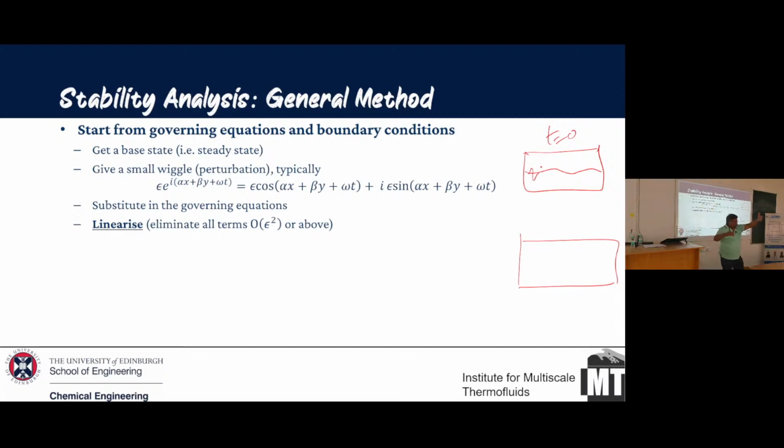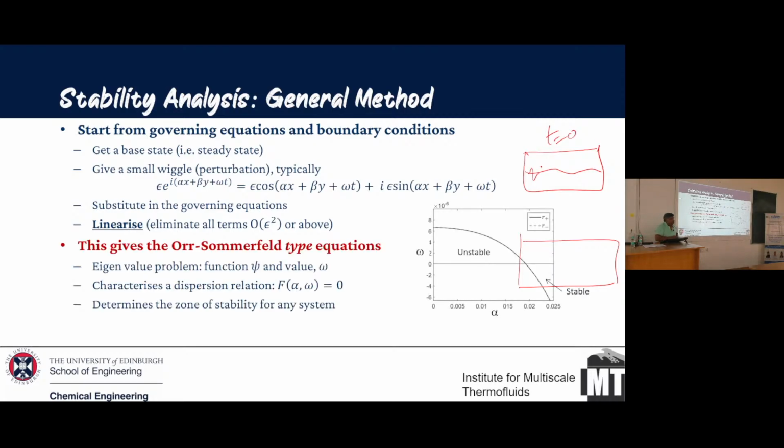So essentially, you start with Navier-Stokes equations, you add this disturbance onto the Navier-Stokes equations, and then you just take the linear terms. You ignore the nonlinear terms. That gives you something called the Orr-Sommerfeld equations.